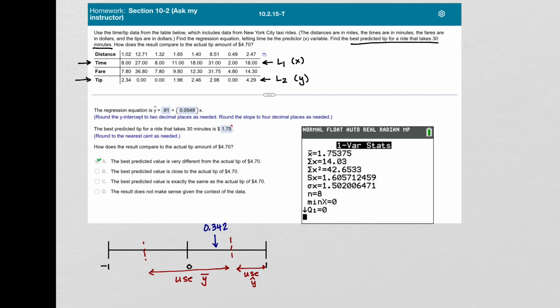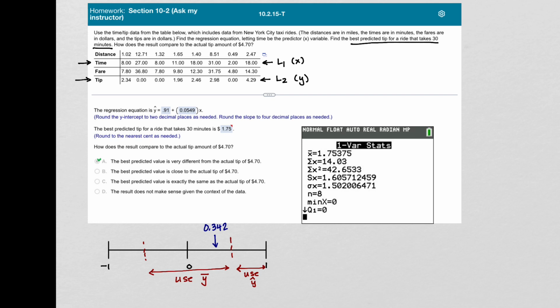So we get 1.75375, and so that rounds to 1.75, and that's how we get that value for the best predicted tip, because we can't use the line. It doesn't give a good representation of the data. So we just use Y bar, which is probably not that great either, to be honest, but it's the best that we can use there. So that's why we get such a strange value there for that best predicted tip.